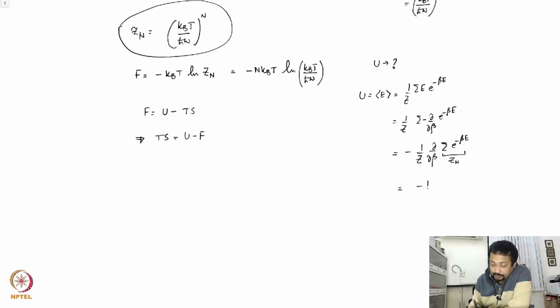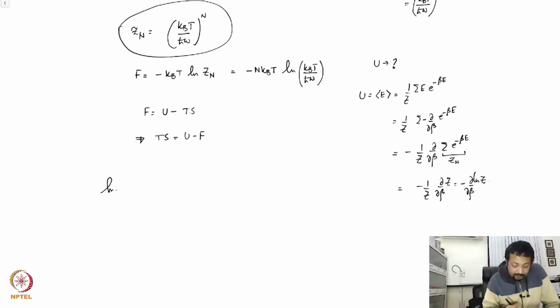So I have minus 1 over Z del beta of Z, which is minus del beta of ln of Z. Ln of Z in our case is n ln kBT over h bar omega.